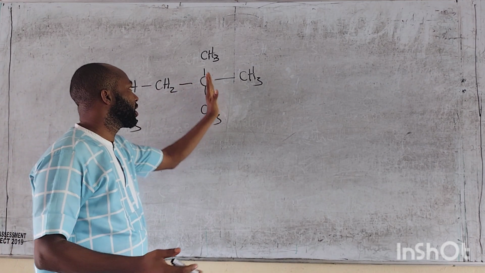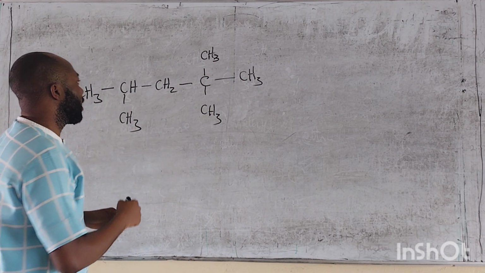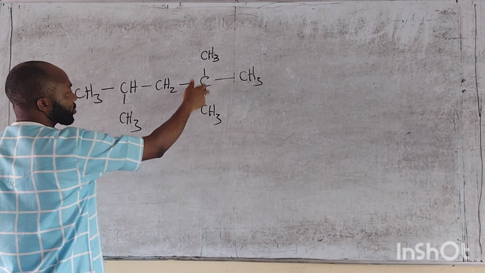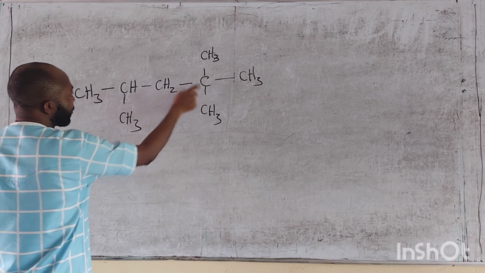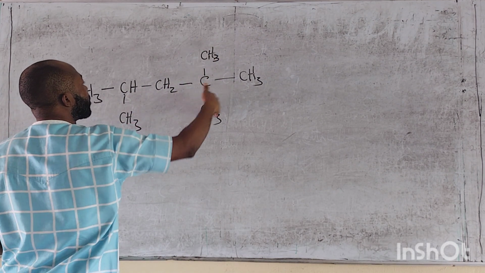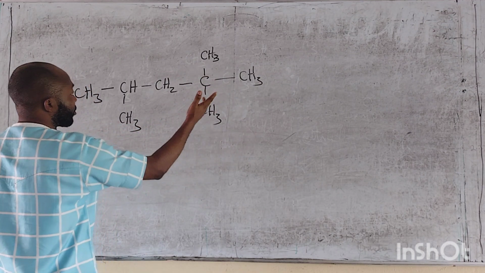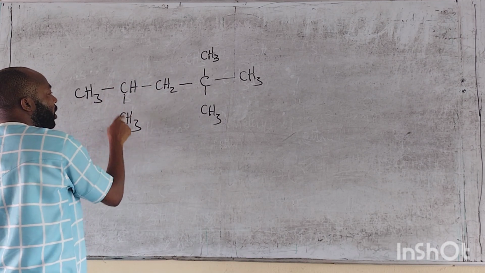Now, let's consider where do we start from? Is this supposed to be the lower side or from here? Where do we call our 1? So let's check our locant. This is 2, 3, 4. Okay? But here in 2, we have 2, 2. Let's call that 2 plus 2, 4, and 4 plus 1, 6.